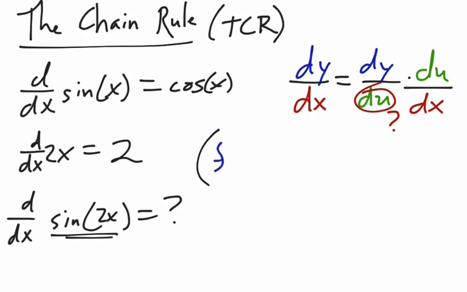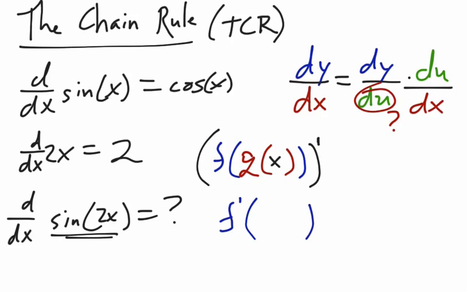You have f of g of x, with lots of colors for your parentheses, and we're taking the derivative of this. The way we take the derivative is we work from outside to inside. The derivative of f is just f prime, and the main rule with the chain rule is that the stuff inside stays the same.